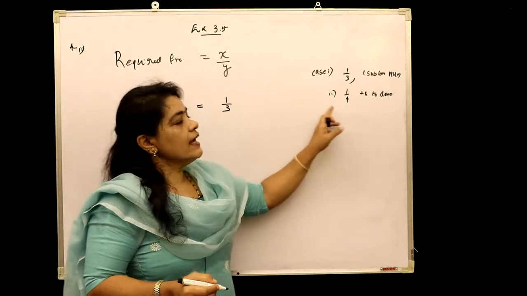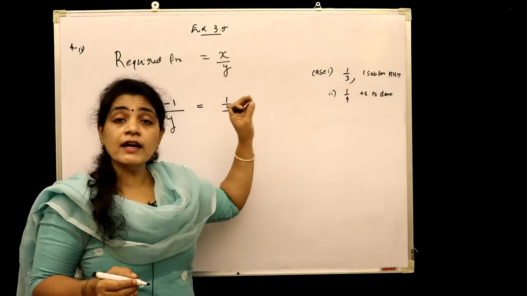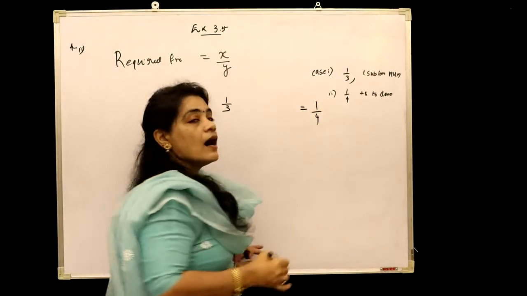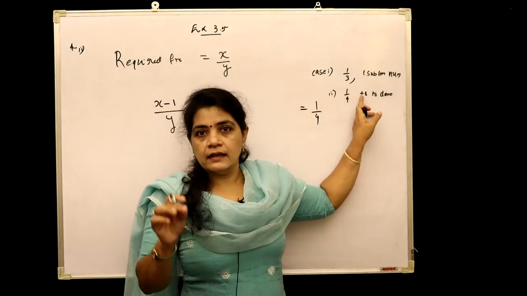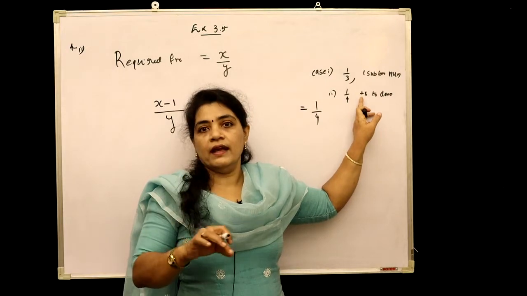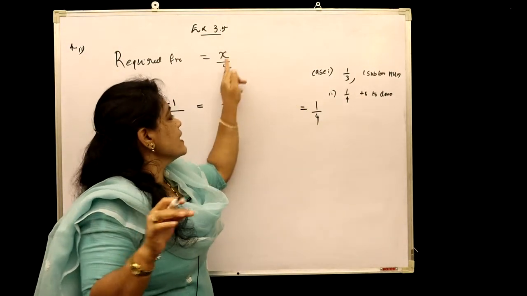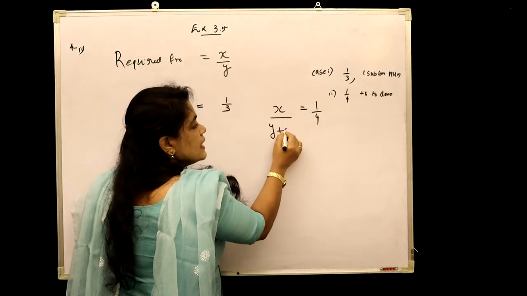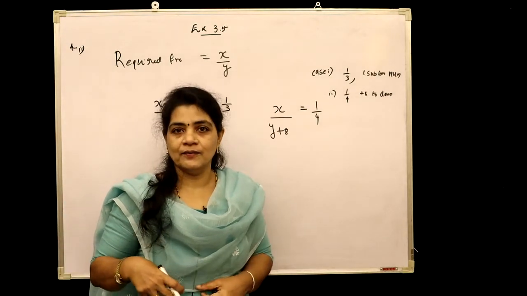And in case 2, this x by y becomes 1 by 4. So 1 by 4 should come in the RHS. When we are adding 8 to its denominator, keeping its numerator the same, that is x divided by y plus 8, because we are adding 8 to its denominator.